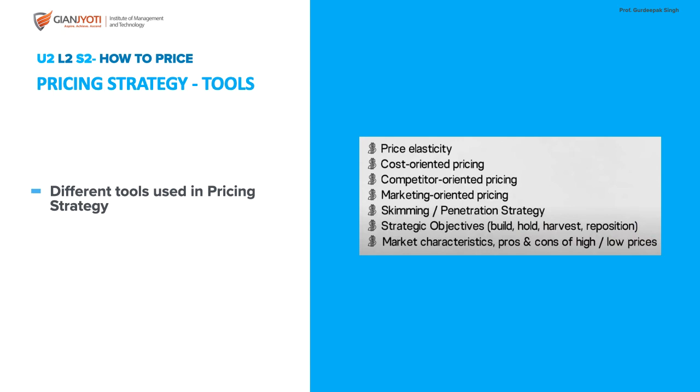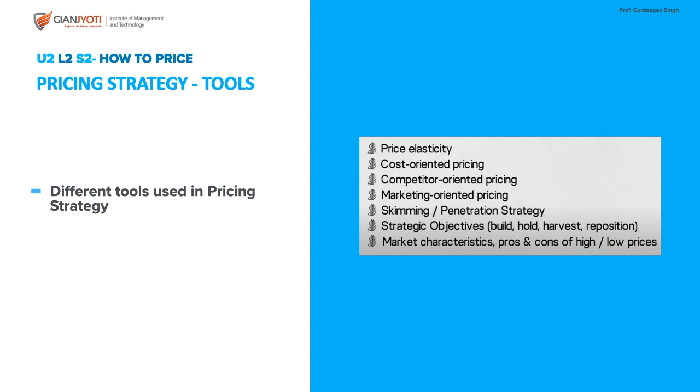And strategic objectives, I want to build, hold, harvest and reposition. So we have that BCG metrics where you talked about that, where your product fits in. Based on that, you price the product according to not only the strategic objectives but the market oriented pricing for that particular target which you have identified with the STP.